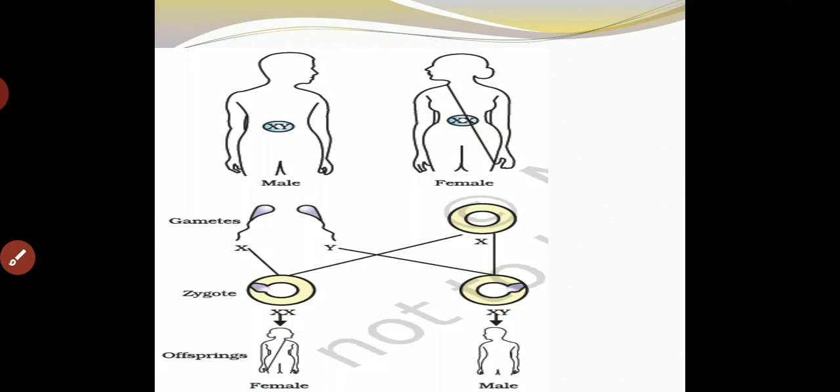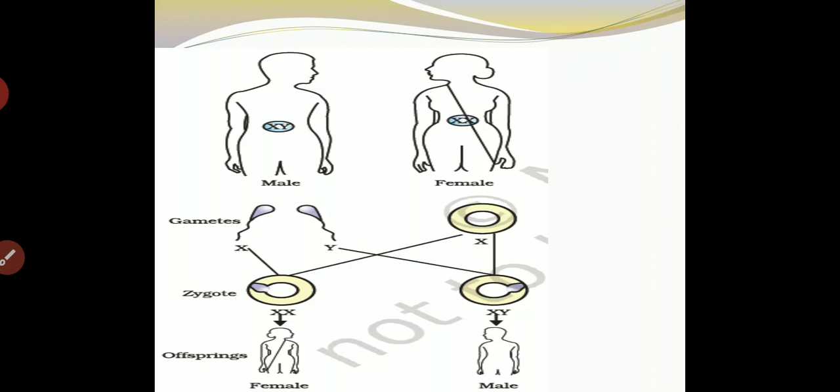However, here you can see that in the male there is XY and in the female there is XX. Now here you can see the offspring.